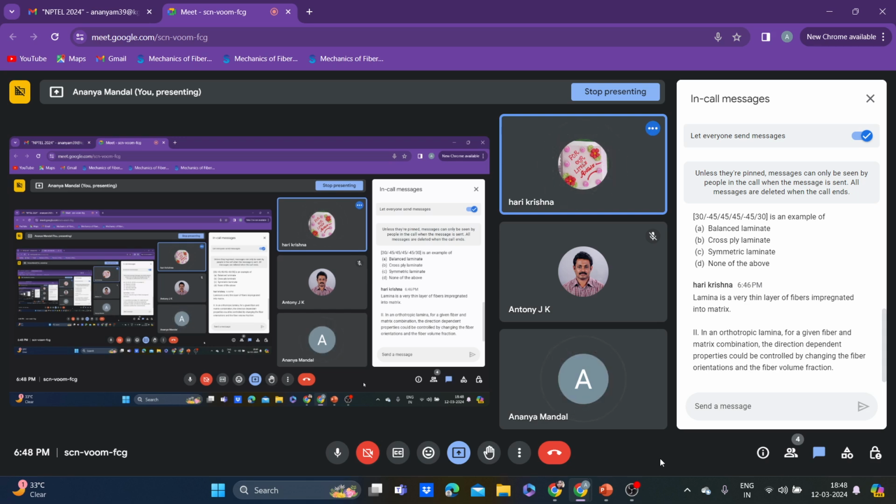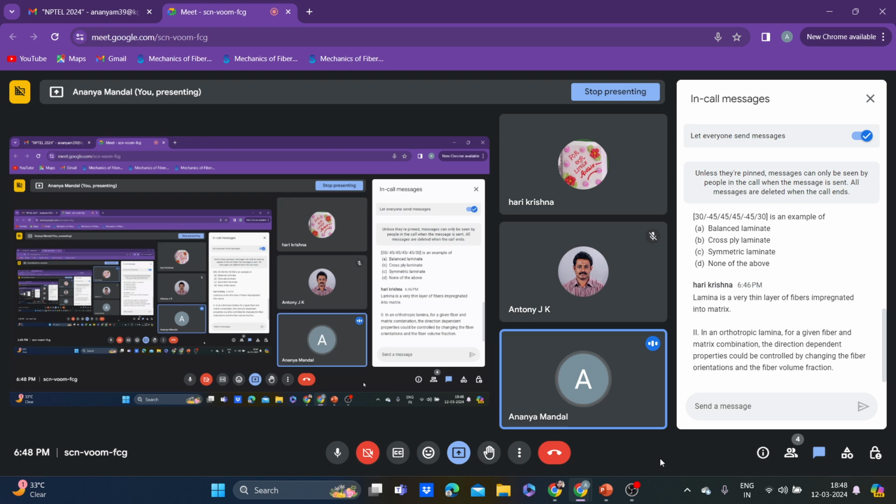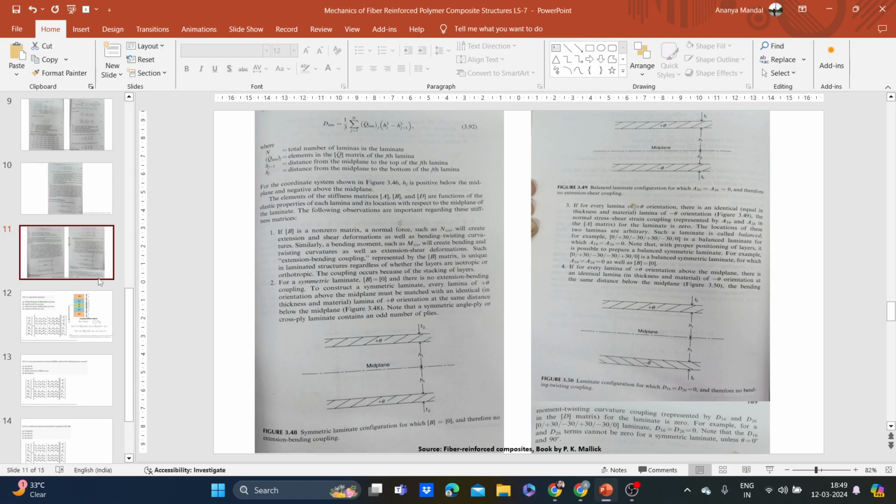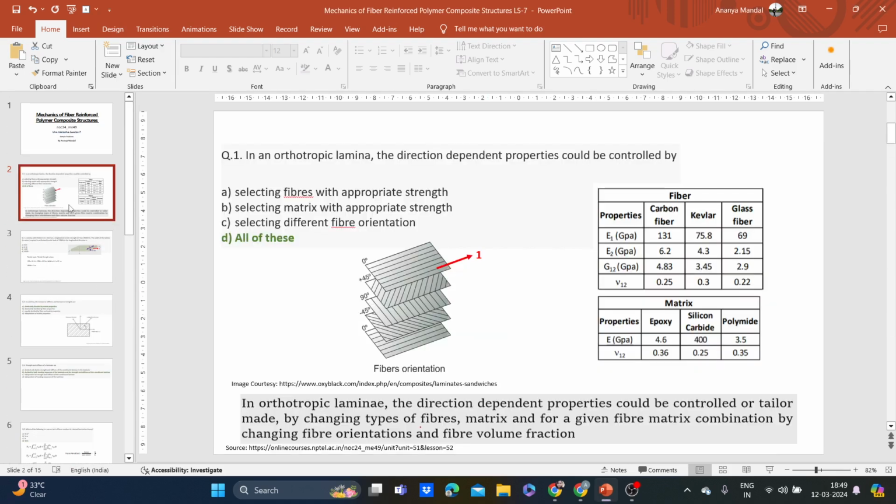No, ma'am, it is a true or false statement. The first statement is true, I'm very clear. But in the second statement, the last line they have mentioned is that the direction dependent property should be controlled by changing the fiber orientation. That was my doubt, but now I understand.